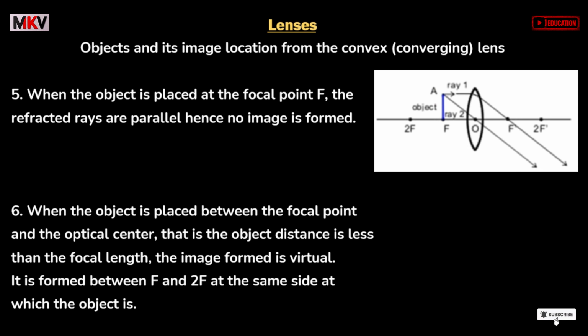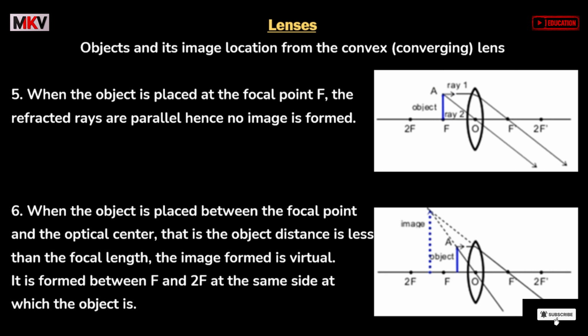And the last for convex lenses is when the object is placed between the focal point and the optical center. That is, the object distance is less than the focal length. The image formed is virtual and it is formed on the same side as the object. If you look at the diagram here, the object is placed between F and O, which means the object distance is less than the focal length.